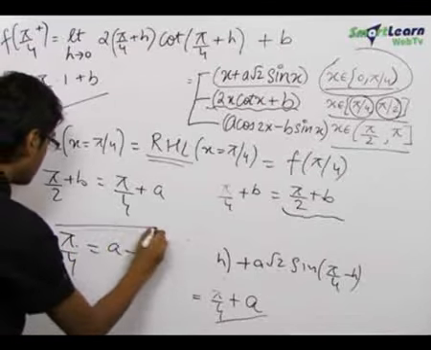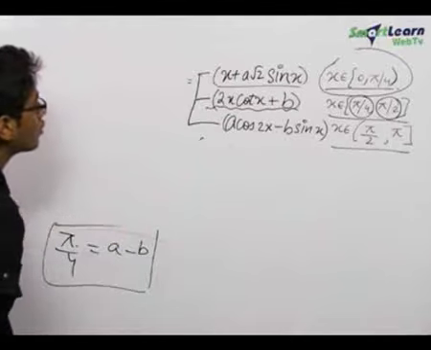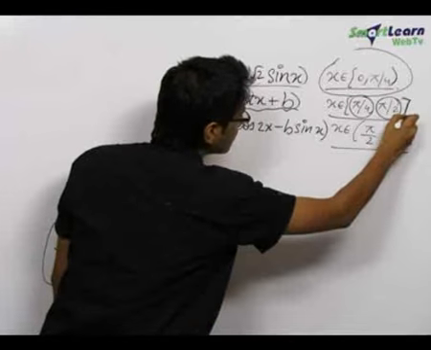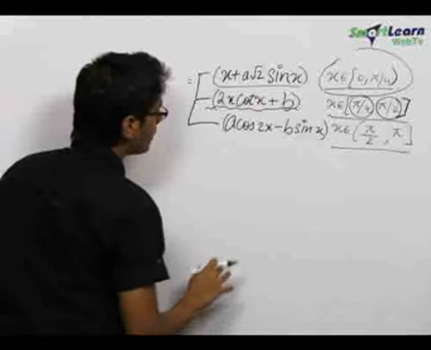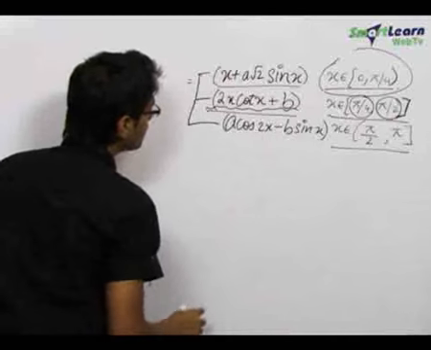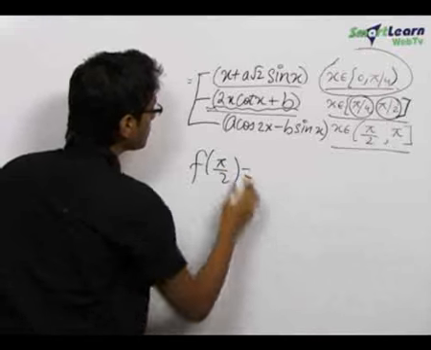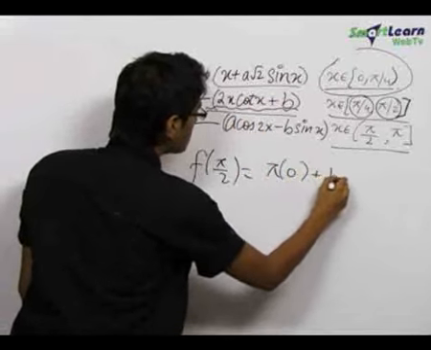Now we do the same calculations for x equals pi by 2. First of all, we will find out the value of function at x equals pi by 2. Since the closed interval is this, so the value at x equals pi by 2 will be obtained by putting x equals pi by 2 in this equation. f(pi by 2) is equal to 2 into pi by 2, which is pi, cot pi by 2 is 0 plus b.